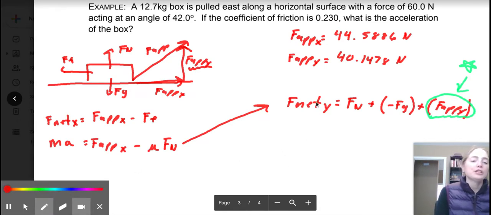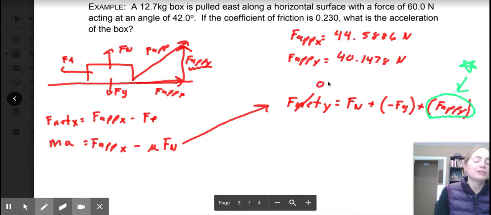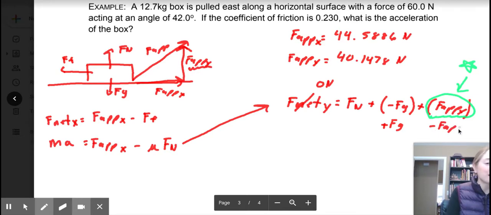Okay. So F net on the Y is going to be 0 newtons because we're neither accelerating up or down. I can then move these guys over to get my value of Fn. This is negative, so I'm going to add Fg. This is positive, so I'm going to subtract force applied on the Y. So I'm going to rewrite this equation.